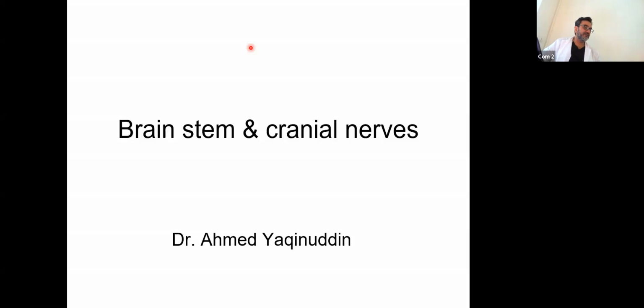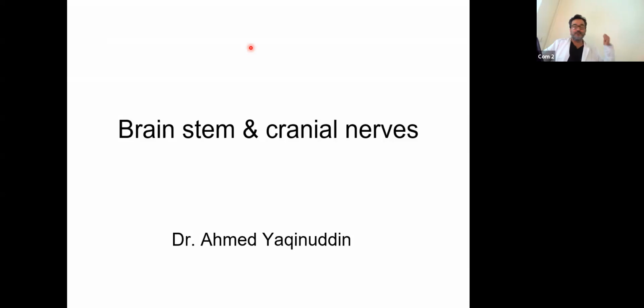So passages of the sympathetic pathway are also passing through the brainstem. So cardiovascular and respiratory reflex centers are also present within the brainstem. It is also very important for maintaining consciousness because the reticular activating system is also present within the brainstem. So these are some of the important things why brainstem is that important.